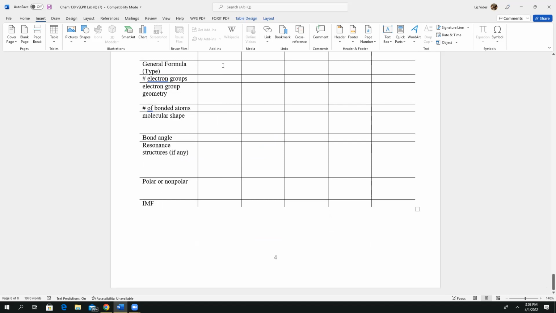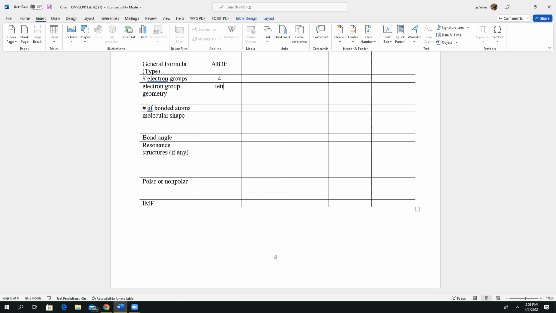Okay, so let's look at you. What are you? You are the last 5, and NH3. So this is ammonia. The general formula is going to be AB3E, because we have 4 electron groups, therefore we are tetrahedral.